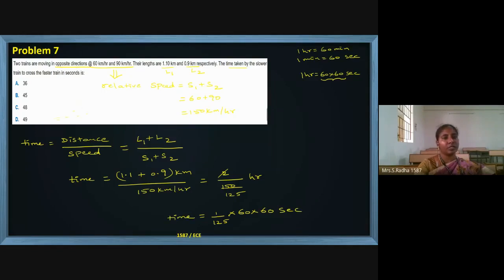Now if you simplify, the time equals, you can cancel with 5, and we are left with 12 into 12 divided by 5. Approximately, 144 divided by 5 is about 2.